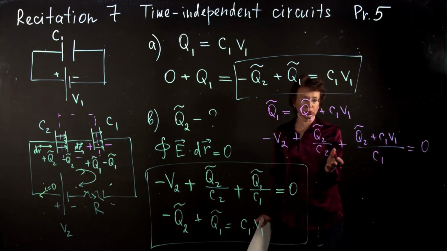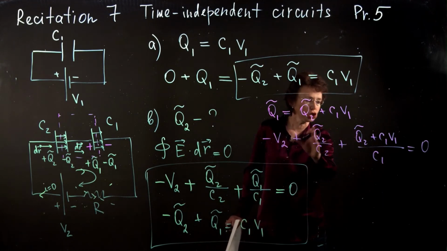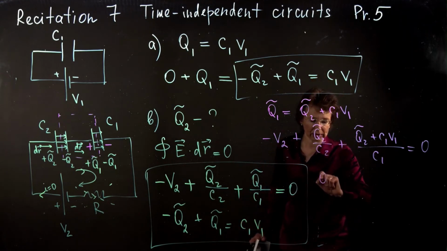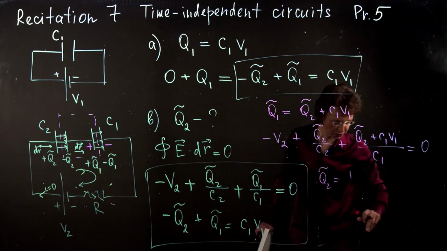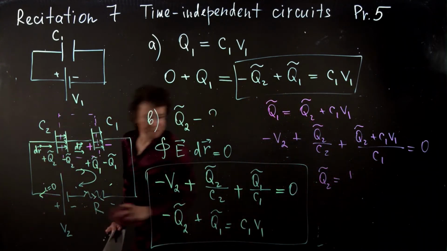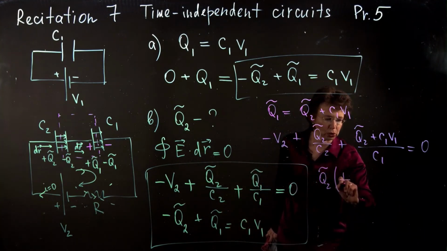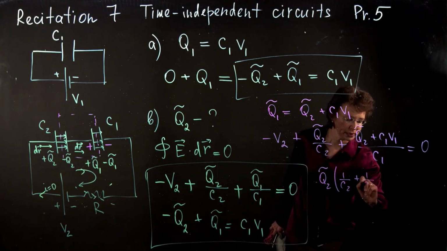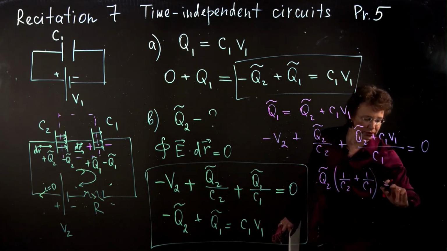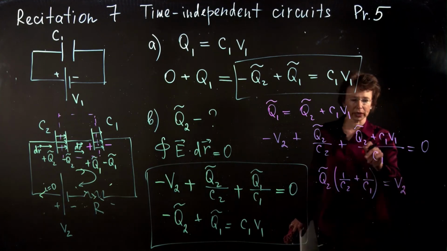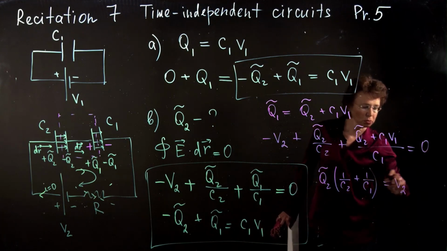Now we solve for Q2 tilde, which is easy. We will factor out Q2 tilde, and then if I factor out Q2 tilde, I will have 1 over C2 plus 1 over C1 in parentheses. And then it will be equal to V2, which comes to the other side of the equation, and what is left is that I will bring this term to the right with minus.